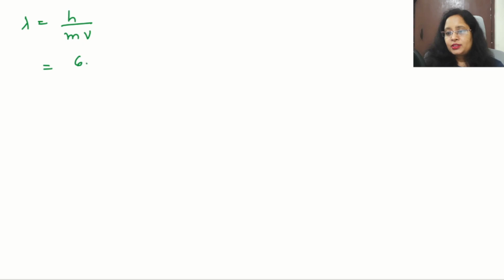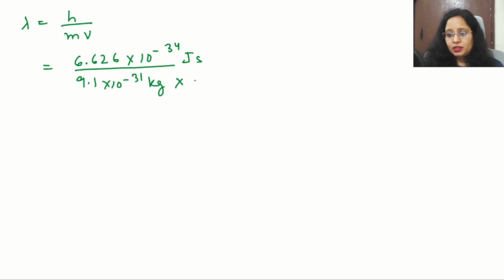H value is 6.626 into 10 to the power minus 34 joule second. Mass is 9.1 into 10 to the power minus 31 kg. Into velocity, what we calculated, is 812 meter second minus 1.